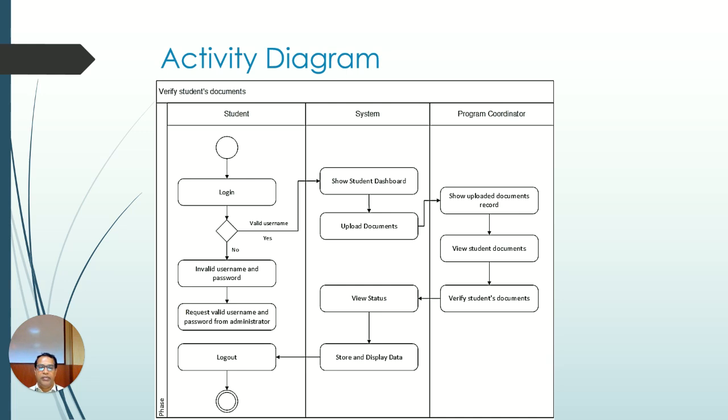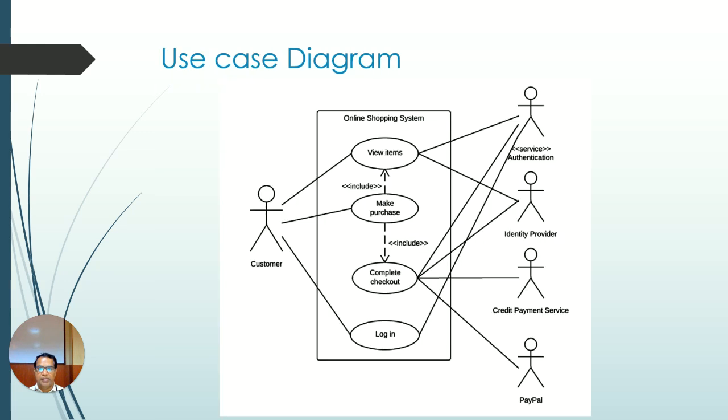Here we have three different categories, a swim lane kind of structure: student, system, and program coordinator. The activities relevant to the student come under the student swim lane, and the activities related to the system come under the system and the program coordinator. When we go through this diagram, we get to know all the activities that the system is going to perform during its existence in terms of its workflow.